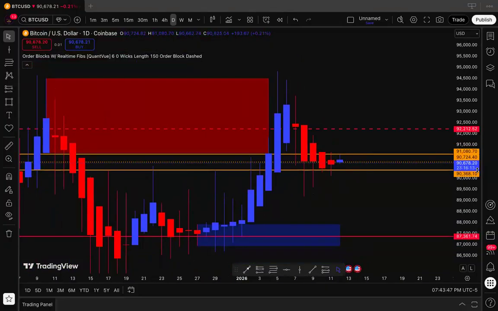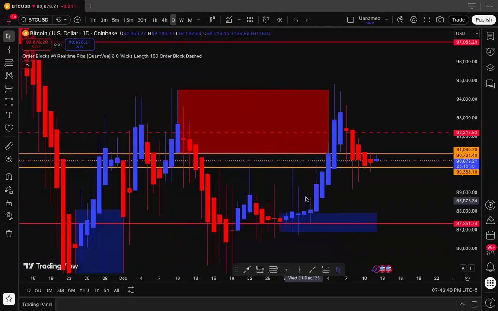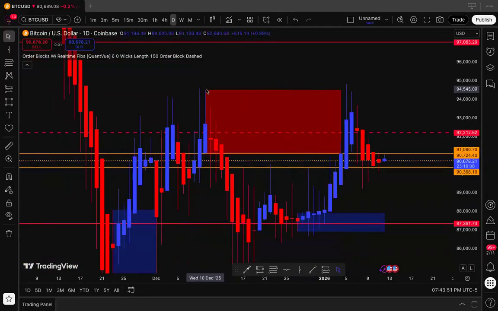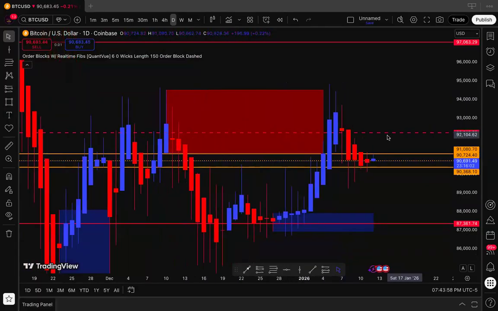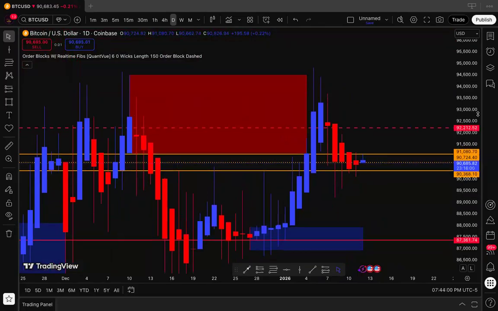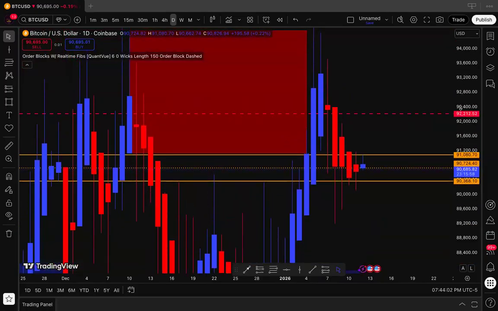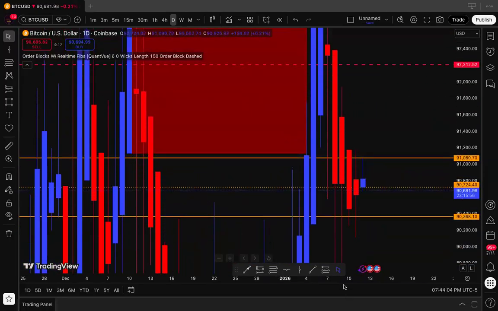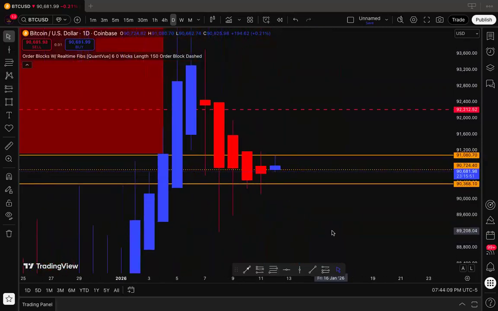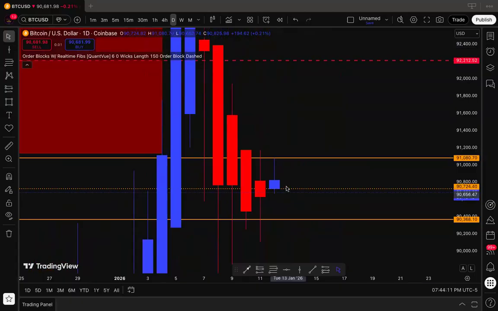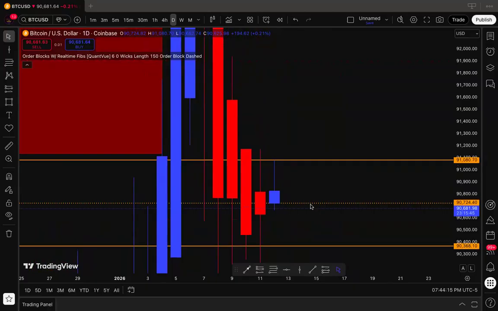So we have Bitcoin rejected out of this daily order block here at a mid-month resistance level, and it's breaking below the level of support right now on the daily.